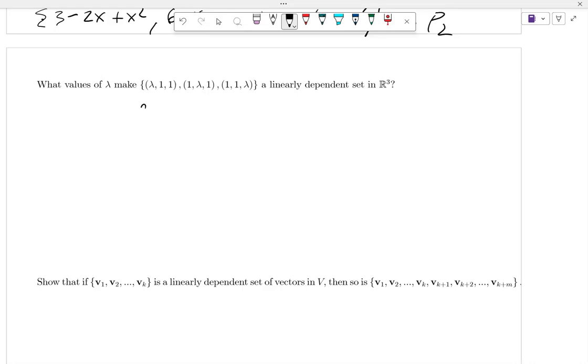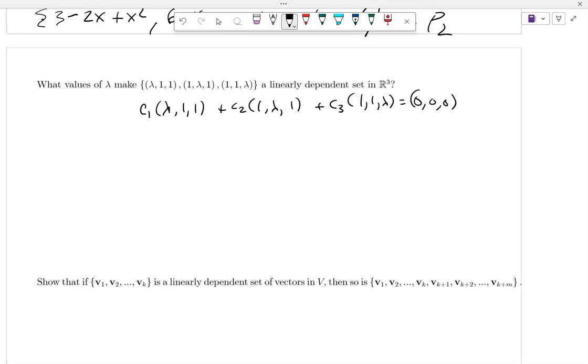If I have a C1 times the first one, plus a C2 times the second one, plus a C3 times the third one, we have to get 0, 0, 0, right? That's what we're trying to solve. Agreed?